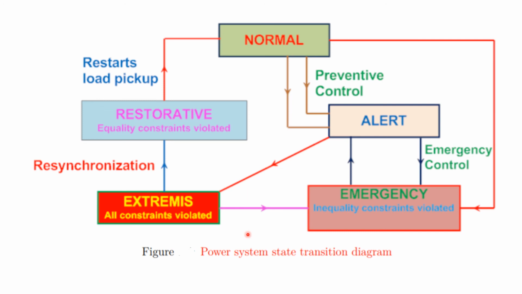Even a blackout may occur. Blackout means full shutdown. So you should take proper control actions, that is load shedding, and use the control systems. It may take a few minutes or a few hours in some cases to come to normal state or the emergency state. That is extremist.